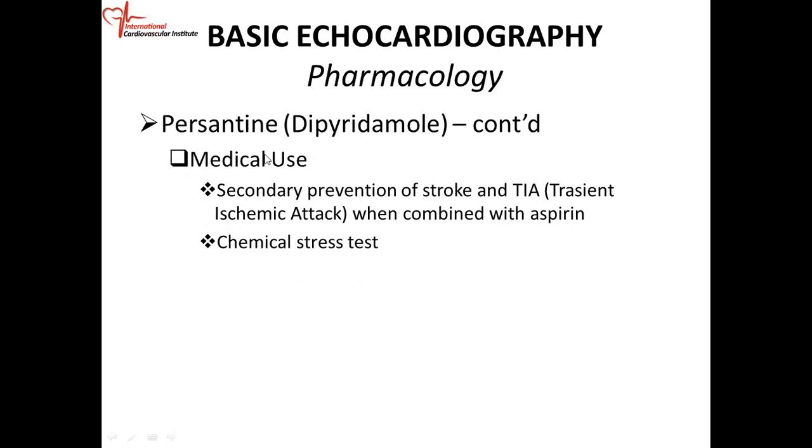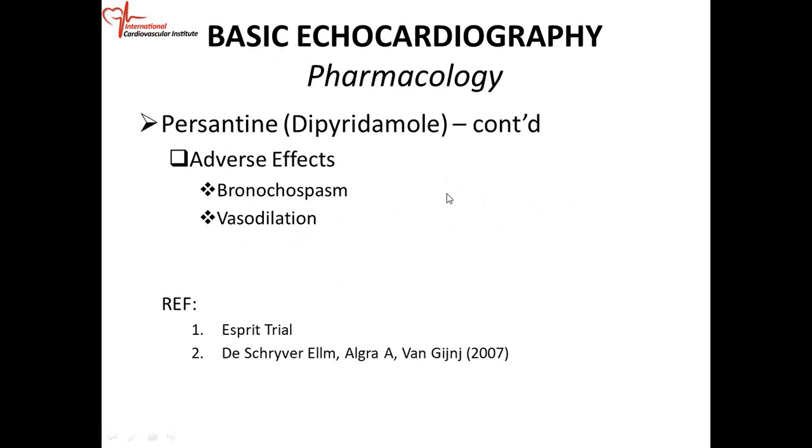So what are the medical uses? Chemical stress tests. So the most important thing for you guys is the stress test. There are some studies that show that it may prevent stroke or TIA when combined with aspirin. And we have a combination of persantin with aspirin that is used to prevent strokes or TIA in patients who have had them.